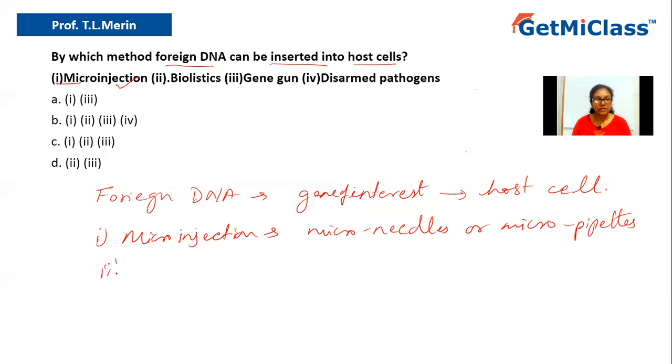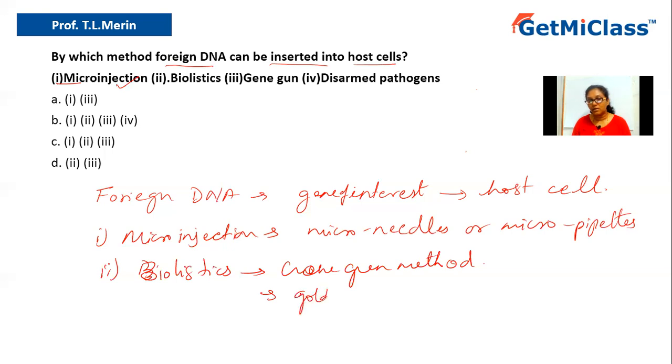The second one says biolistic. So what is biolistics? The biolistic method is also known as the gene gun method. Here, they bombard the host cells with fine particles made up of gold or tungsten. And what do they contain? They contain the foreign gene.